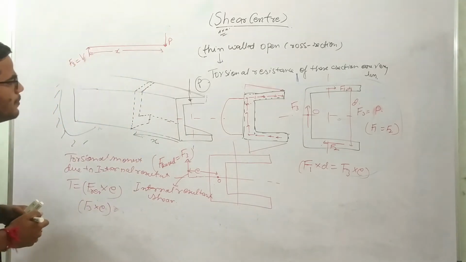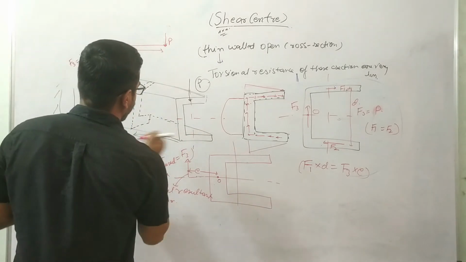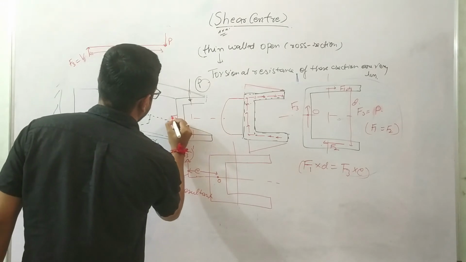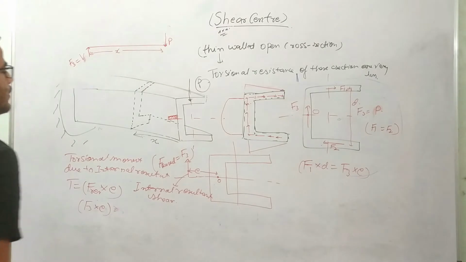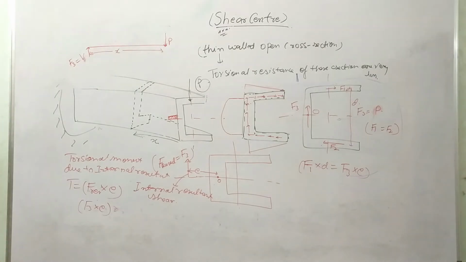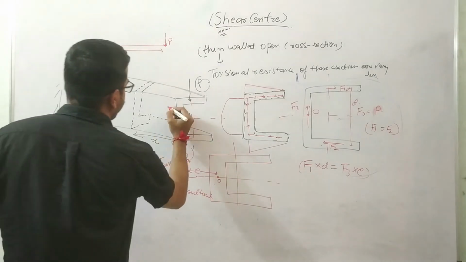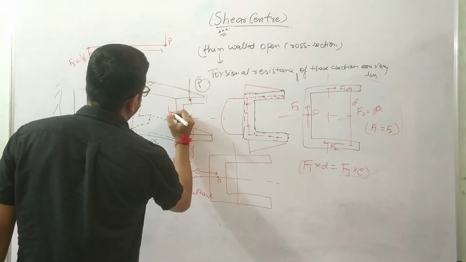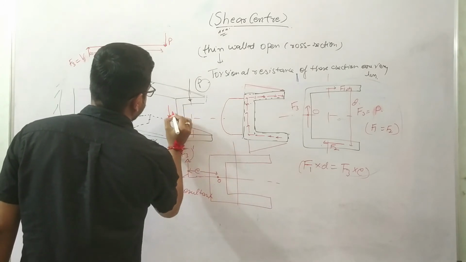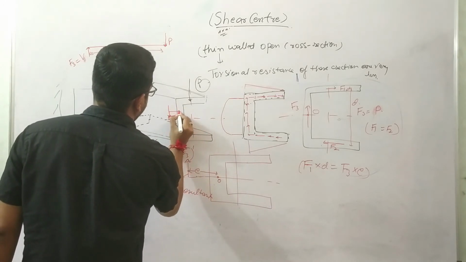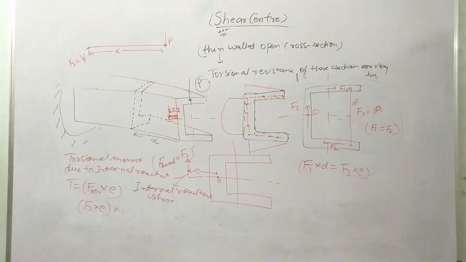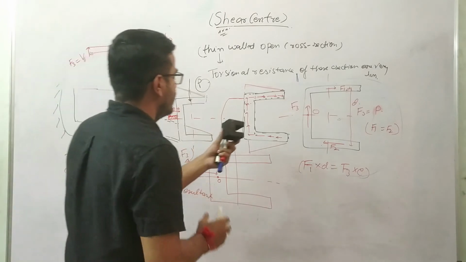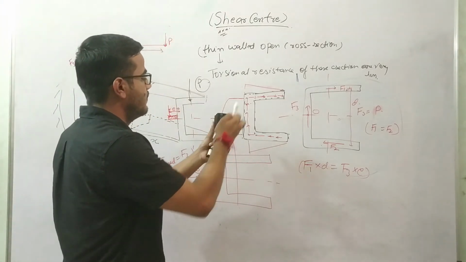Now let us suppose this is some member over here, and I am applying a load P at a distance E from this point. This is our system where the external load is acting.